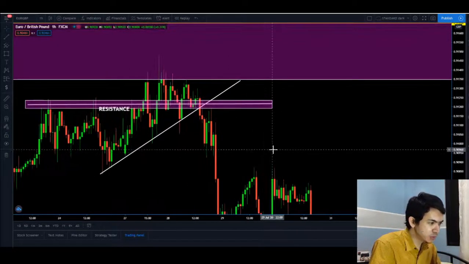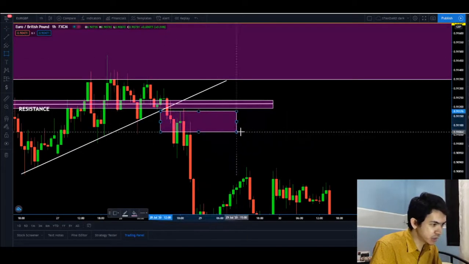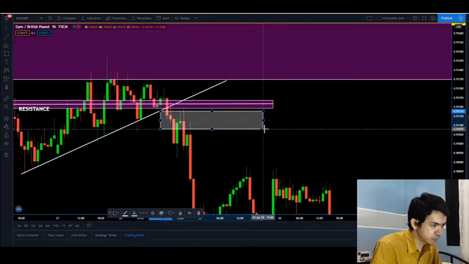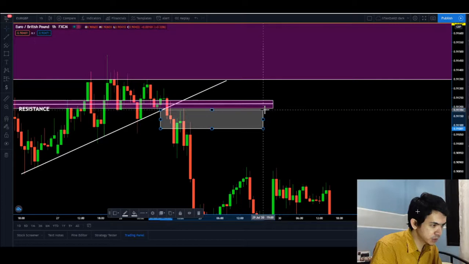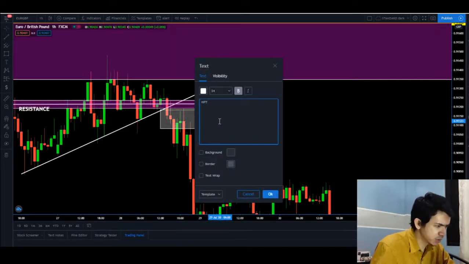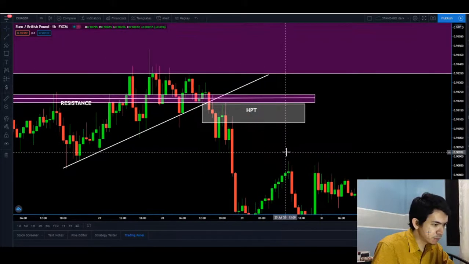Do we have two? Yes. So that time I marked this as my high probability trade area. This was my HPT back then, high probability trade area or zone.